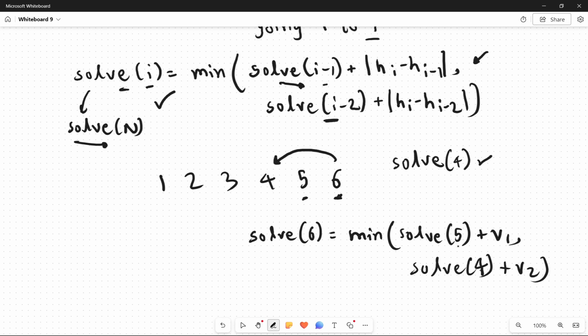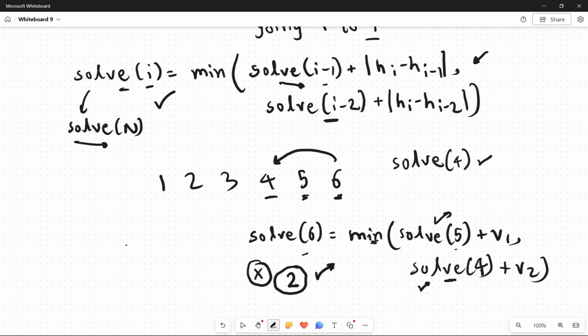When solve of 6 calls solve of 4, it is calculated and returned to this minimum function. And when solve of 5 is called, it will again call solve of 4. So I will end up computing solve of 4 two times, which I don't want.